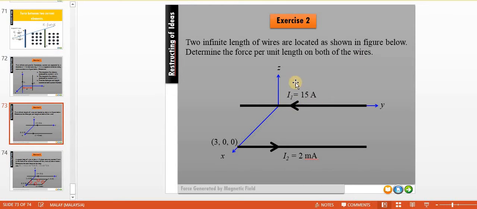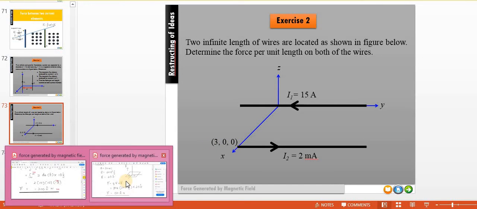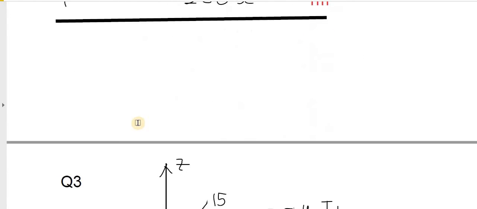This is I1 15, I2 2 milli, and this is the location. This point is 3 0 0. It means that the distance between these 2 current elements is 3 units. So we will look at the solutions.